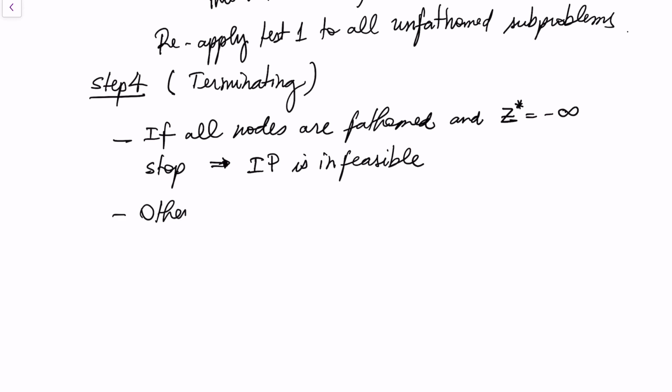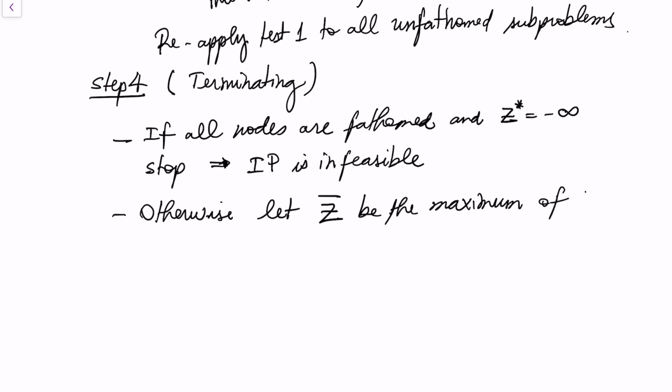Otherwise, what we're going to say is that we'll let z bar be the maximum of the solutions of the LP relaxations across all the unfathomed problems.